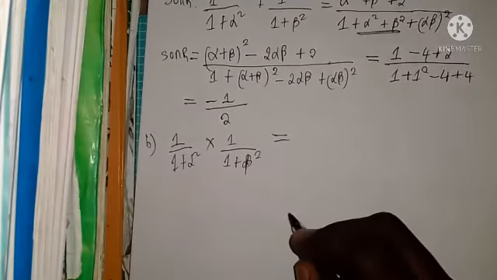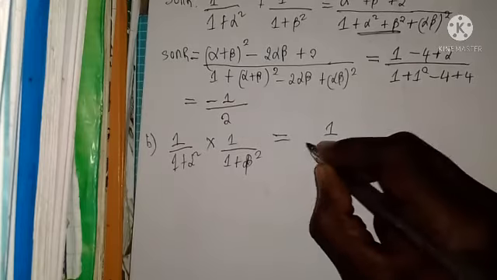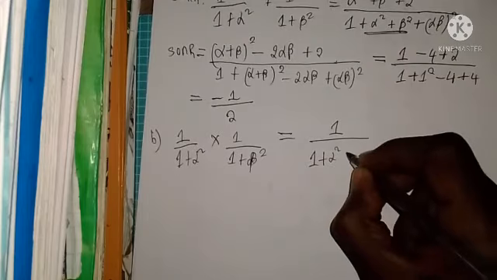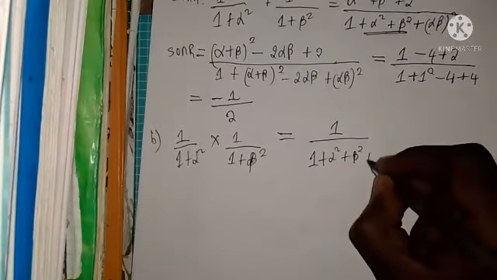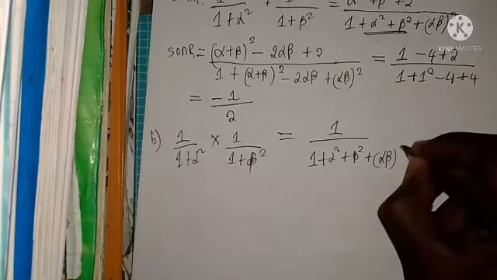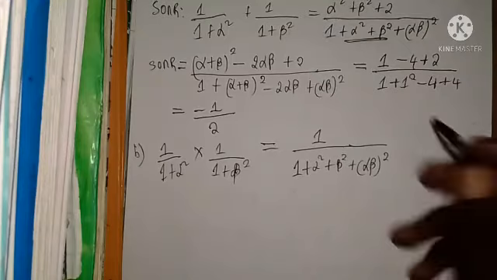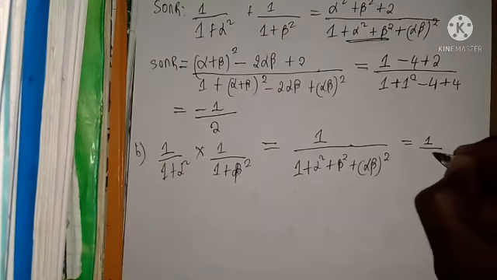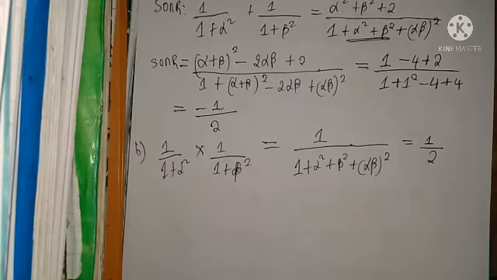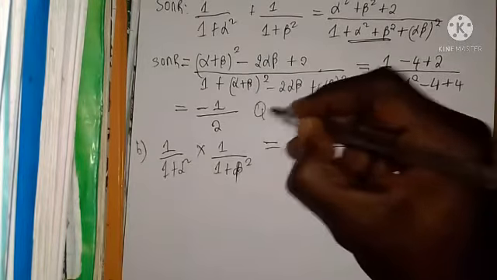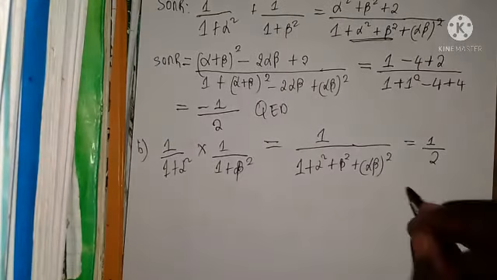This is equal to 1 divided by 1 plus alpha squared plus beta squared plus alpha beta squared. We already know the value of this denominator from the previous problem, which is 2, so it is equal to 1 on 2. This proves the problem, and to show that you have arrived at a conclusion, you can simply write QED beside your answer.